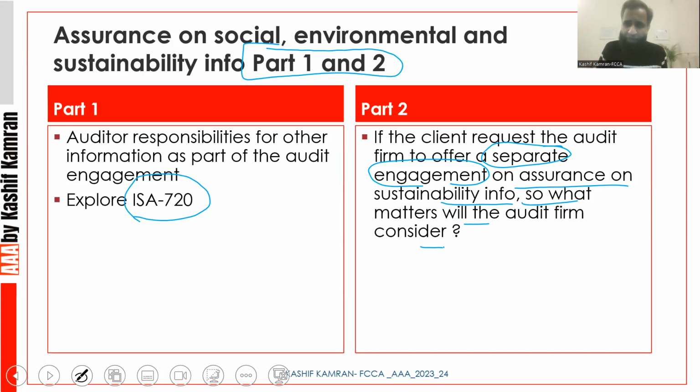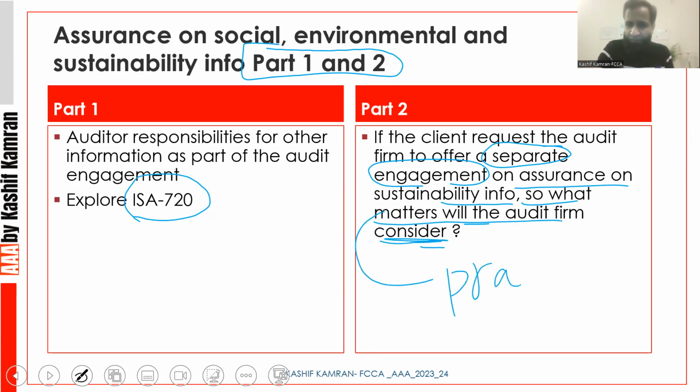Because my shareholders are very desperate about that, or my shareholder wants a separate assurance on sustainability information. You do read other information, right, as part of your audit. But in the part 2, they're talking about a separate engagement. So what matters will your firm consider if you're offering a separate engagement?